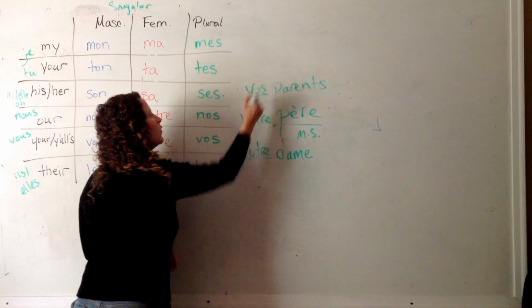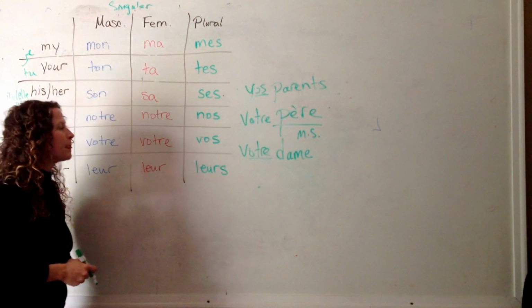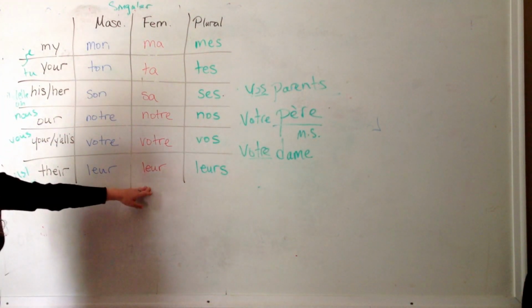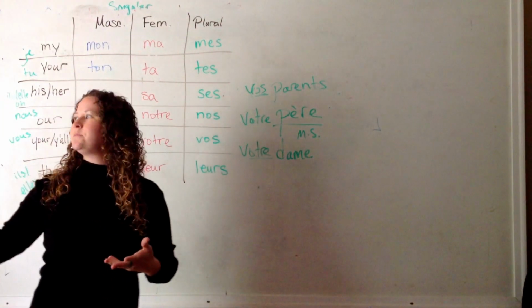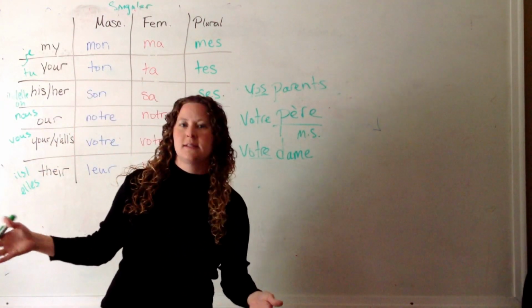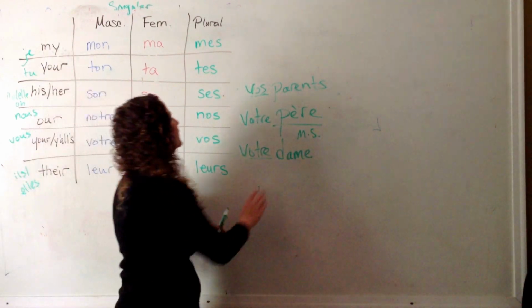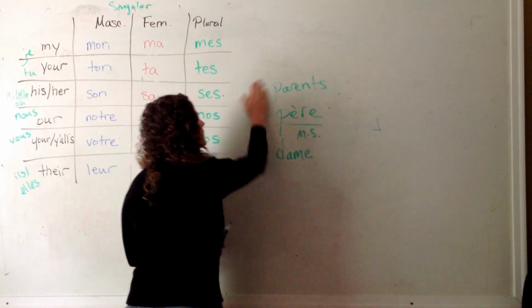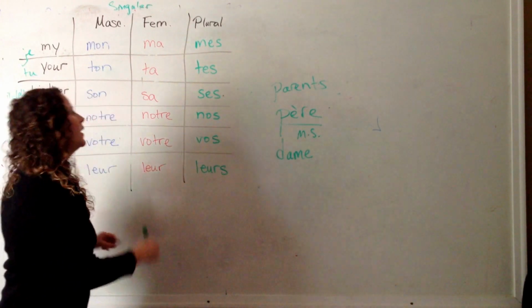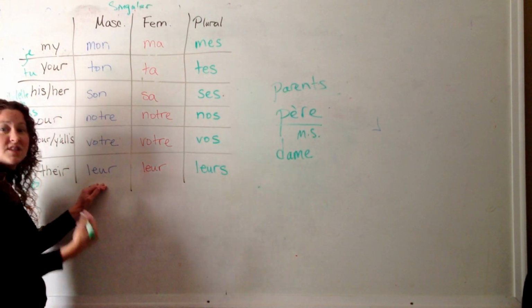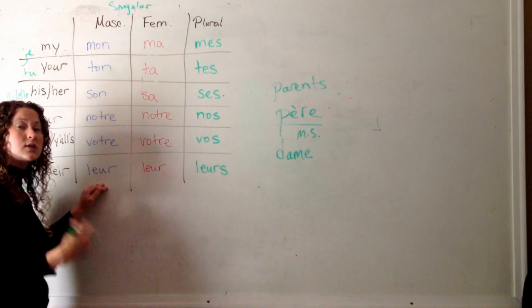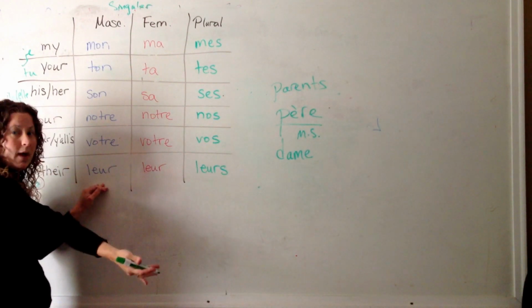Your parents, vos parents. And then if it was their, like let's say it was my cousins, their parents are coming for Christmas, alright? Same exact thing. It's theirs. Doesn't matter who's talking, it's what's being talked about, okay?